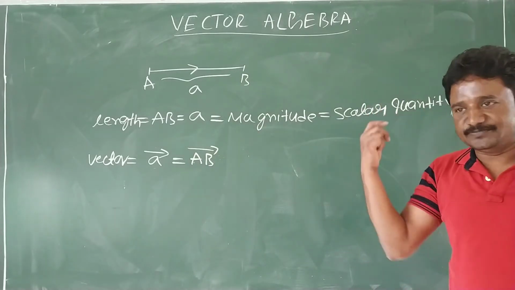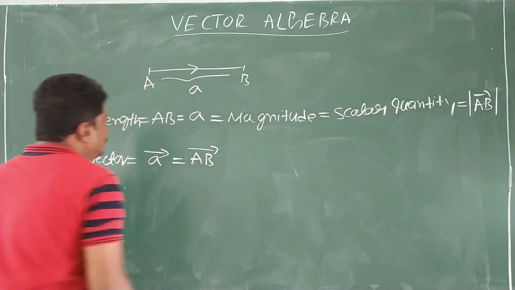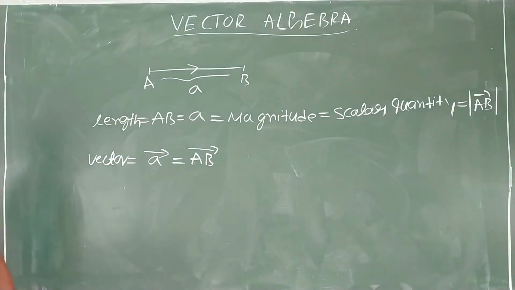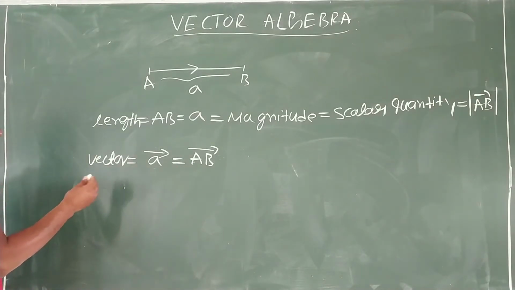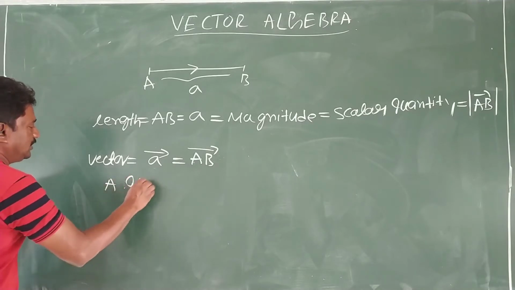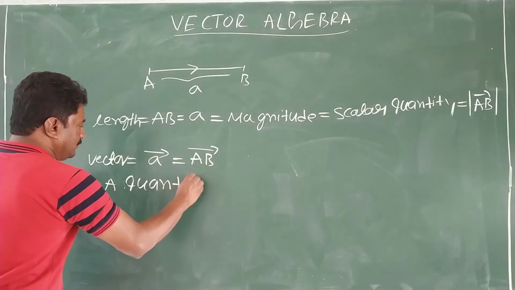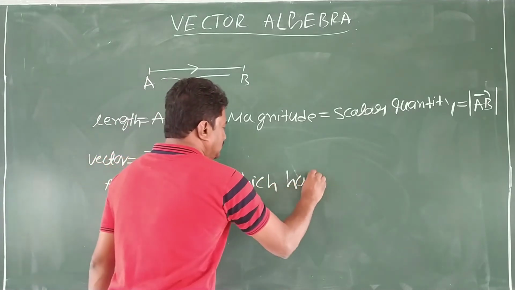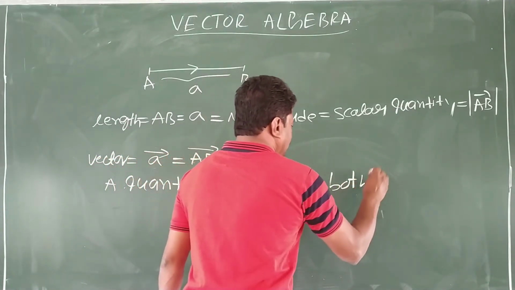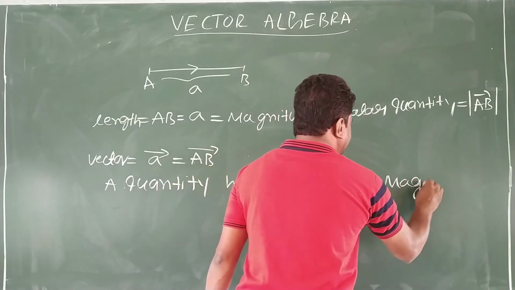I hope you understood. So what is vector? Vector is a quantity which has both magnitude and direction.